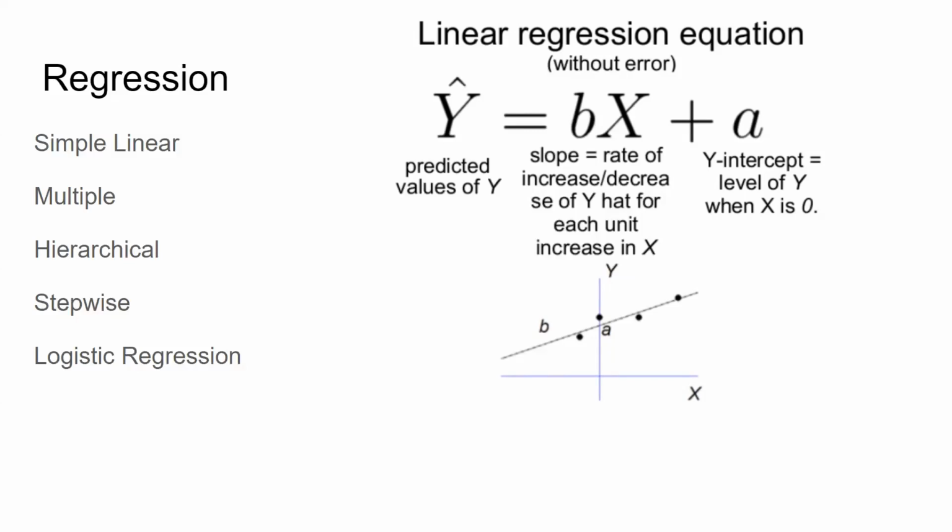So that's multiple regression, when we have more than one predictor variable and we look at its predictive relationship on the criterion variable.